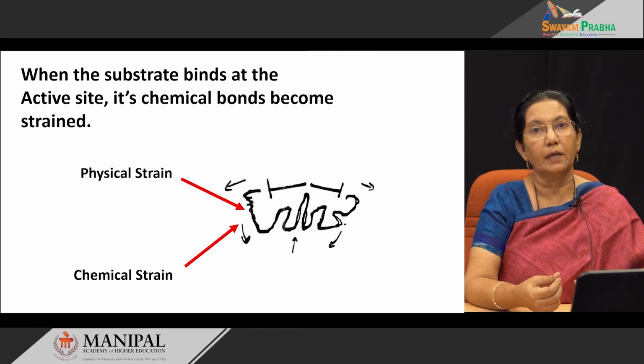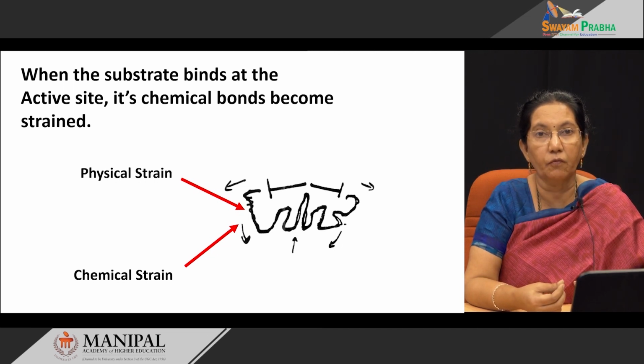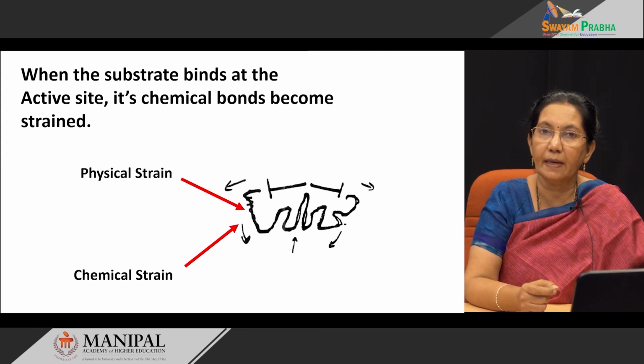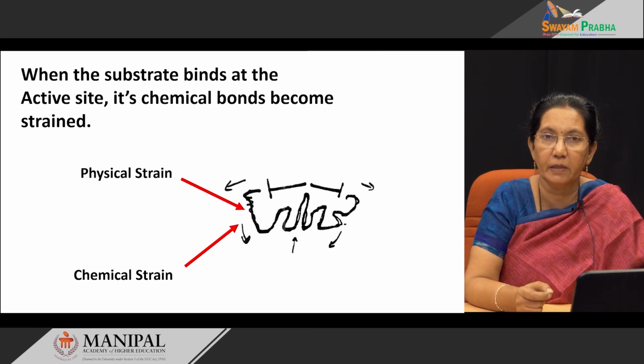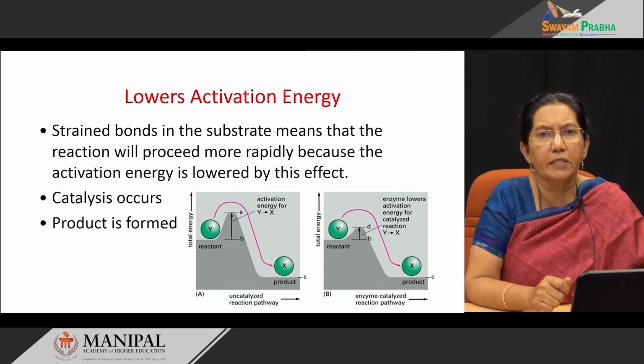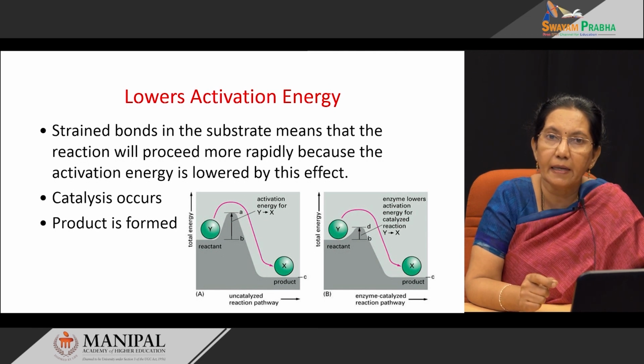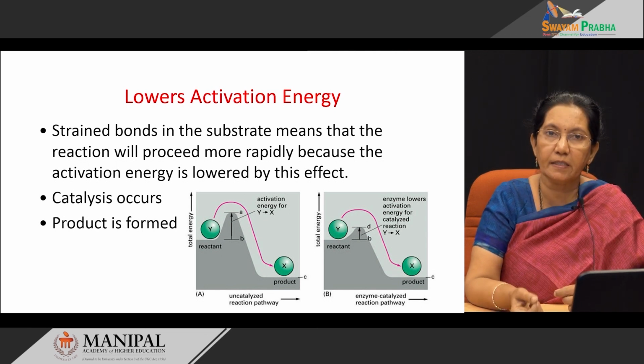So, now we know that when a substrate enters into the active site and what we call binding of the substrate happens to form an enzyme substrate complex, we see that a strain has been created, a physical strain as well as a chemical strain. What is the importance of this strain? This strain that occurs on the chemical bonds of the substrate helps the reaction to proceed faster.